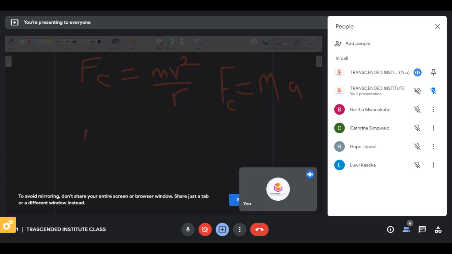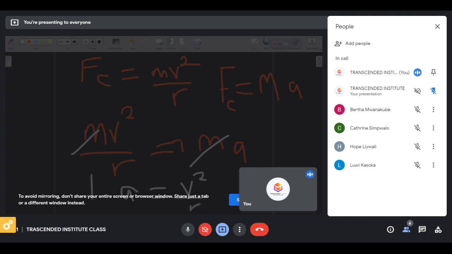So now let's say this is our centripetal force. If we equate mv squared over the radius to the product of mass and acceleration, you're going to see that your mass is common. So in short, if you make a the subject, you find that a is v squared over r.